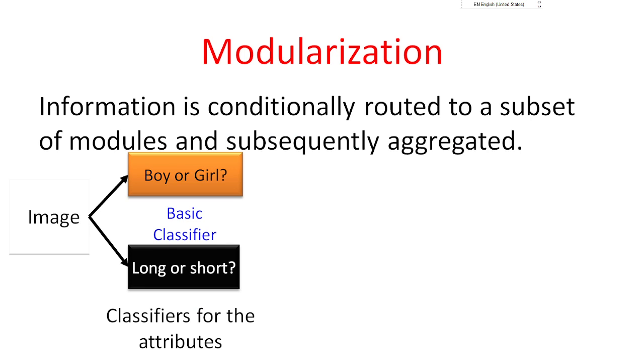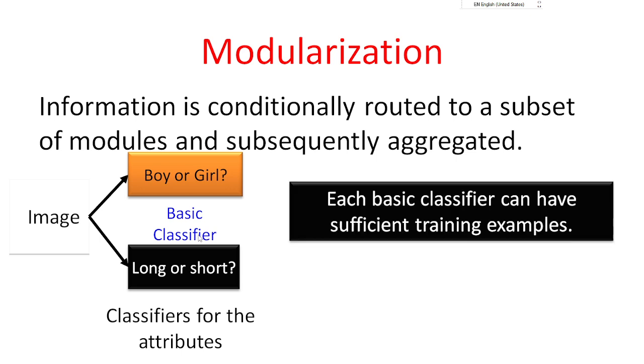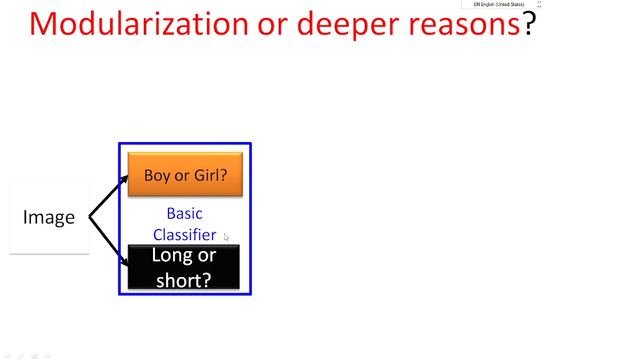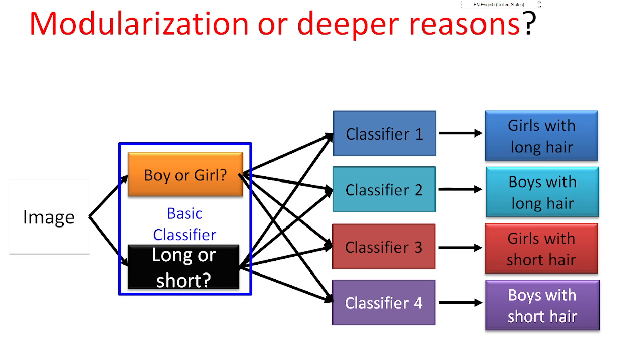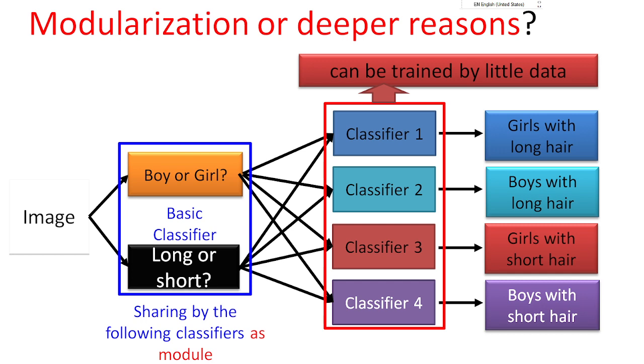Information is conditionally routed to a subset of models and subsequently aggregated. First we have basic classifiers, then classifiers for the attributes. Each classifier can have sufficient training examples. So first we do the basic classification, then for each attribute we have a classifier.